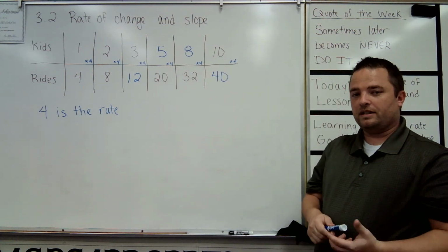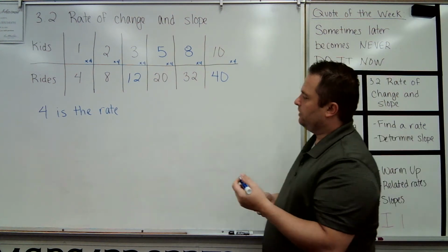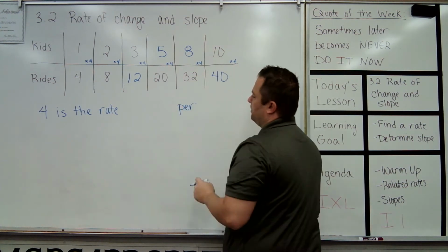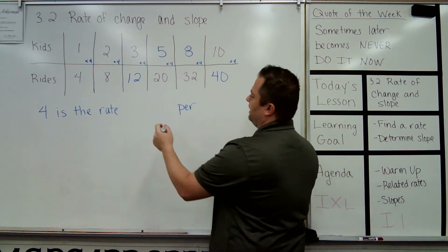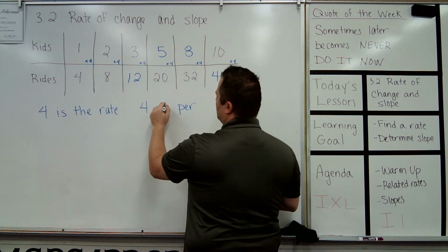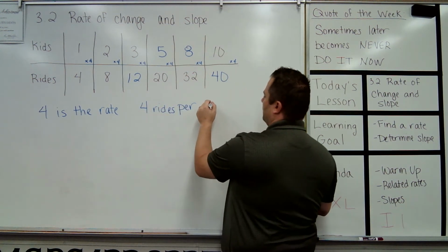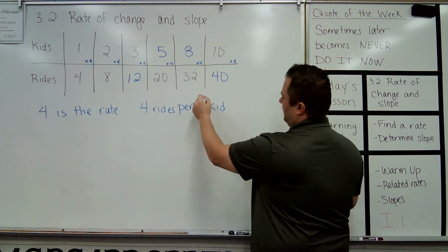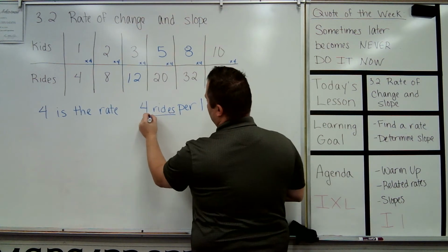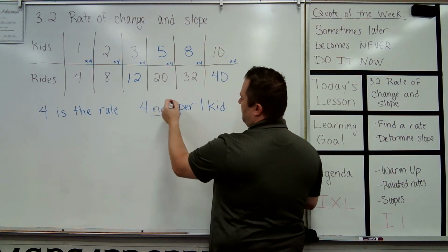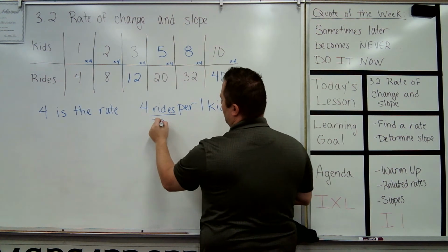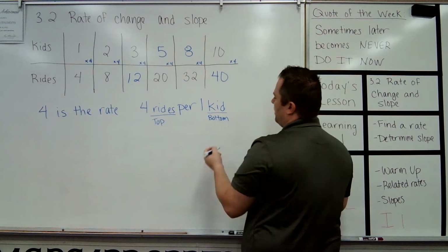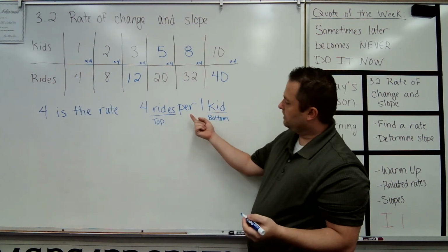So let's remember what we did yesterday. We talked about using the word per. We have a something per something. In this case, we have 4 rides per kid. We also learned that rides comes before the per, so this goes on top, and kid goes on bottom of our fraction because of the word per.